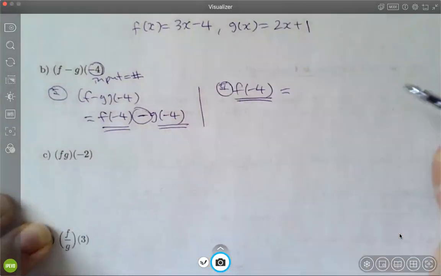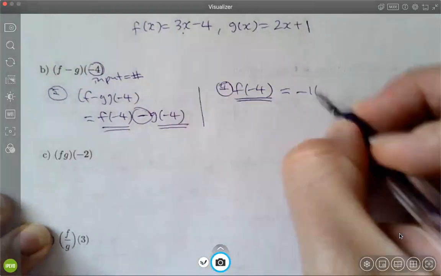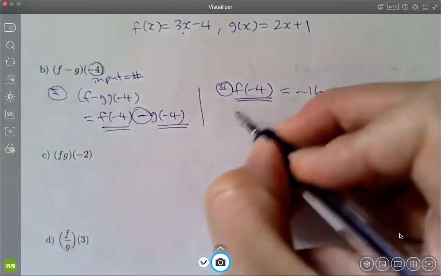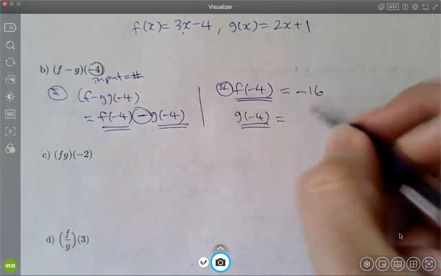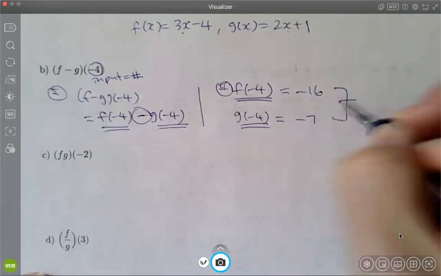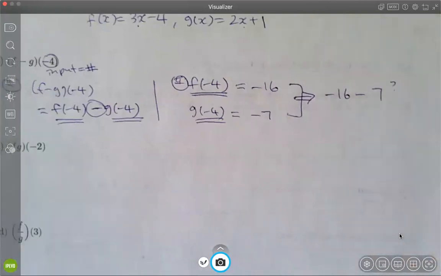What does that mean? That's -12 minus 4, so -16, right? And then g of -4 is -8 plus 1, so that's -7, right? Now, does this mean we have -16 minus 7? No, right?